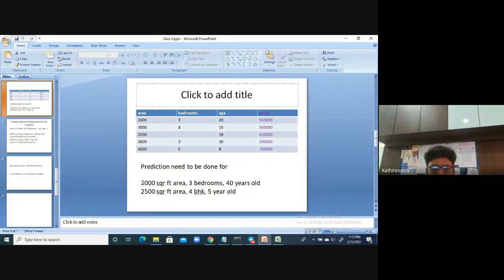So we have to find the price for 3000 square feet area, 3 bedrooms and 40 years old building, and also the price for 2500 square feet area, 4 BHK and 5-year-old building. This we need to perform.